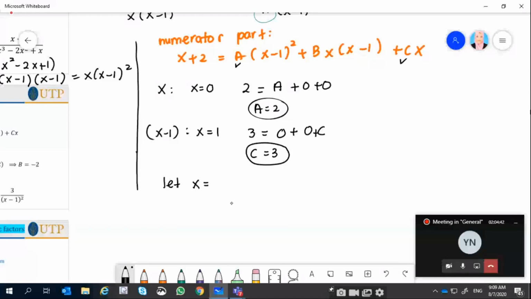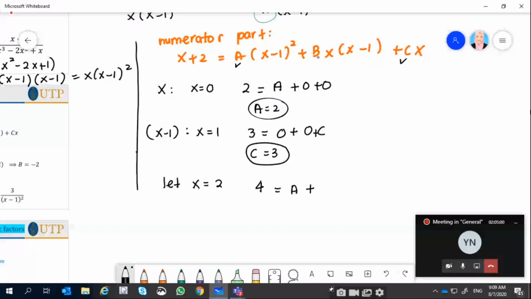1 is already used here, so 2. Okay, 2. If you use 2, you just substitute here. 2 plus 2 is 4, and then 2 minus 1 is 1, which is a, plus 2 times b times 2 minus 1, which is 1, plus 2c.